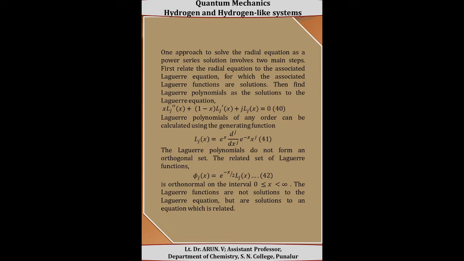The related set of Laguerre functions, φ_j(x) = e^(−x/2) L_j(x), is orthonormal in the interval when x is between 0 and infinity. The Laguerre functions are not the solutions to the Laguerre equation, but are the solutions to a related equation.